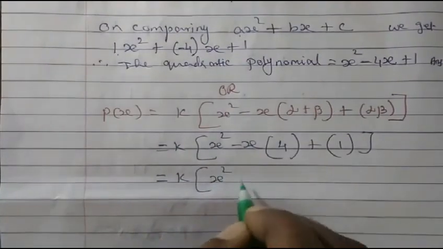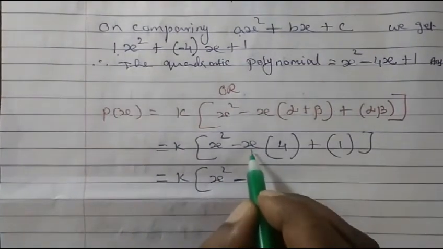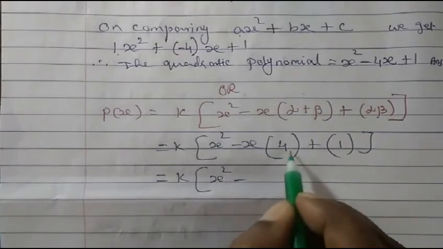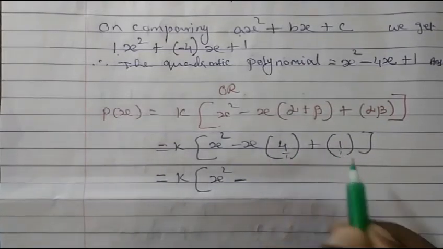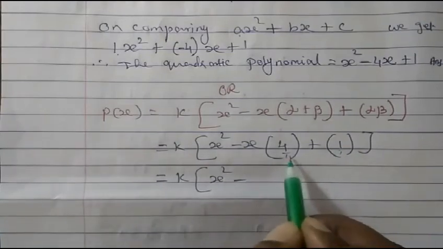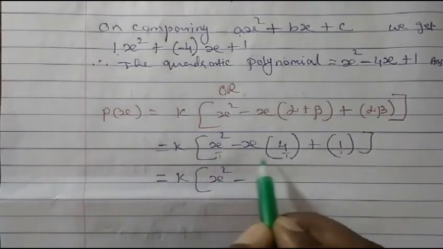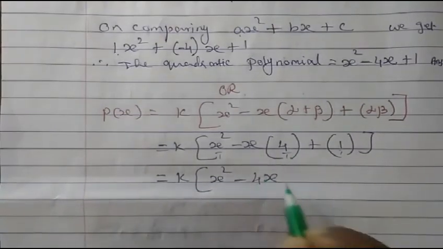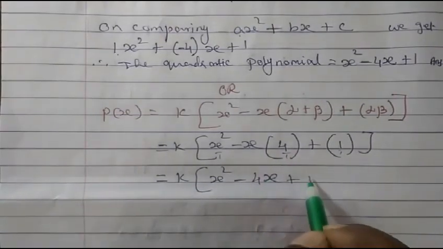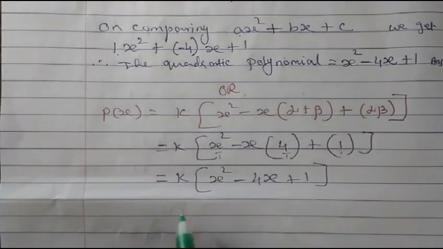So x square minus x, here we have 4. So we consider that there is 1 here. So the denominator will all be 1 only. So there is nothing to do now. So x into 4 will get 4x, then plus 1 we get.